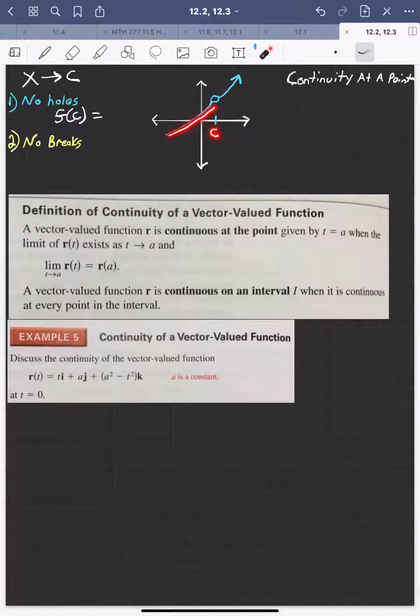I don't know what f of x is, but whatever it is, if I plug c in that function, it's undefined. Right? As of right now, f of c is undefined because there's a hole in that graph. But assuming there are no holes, then f of c exists.